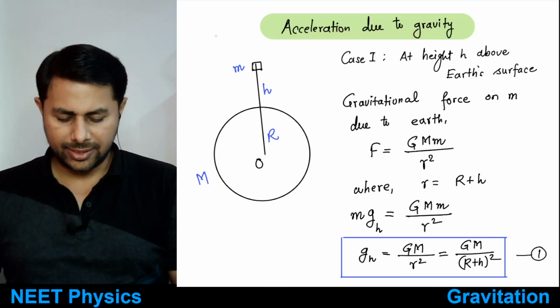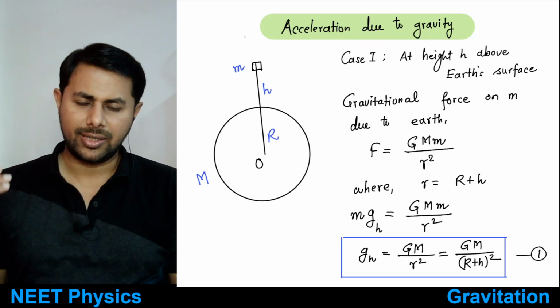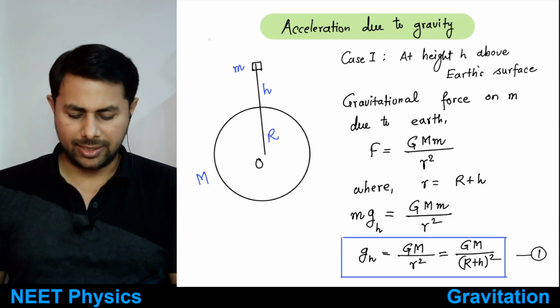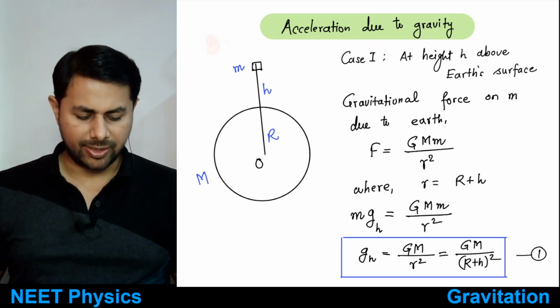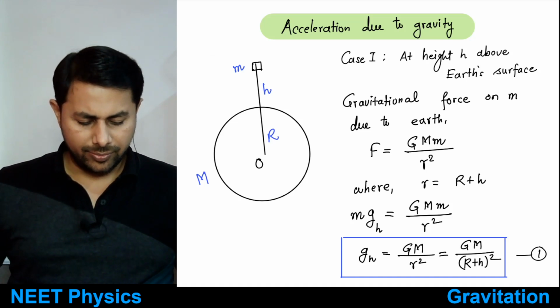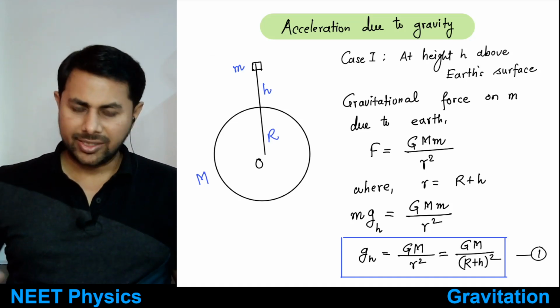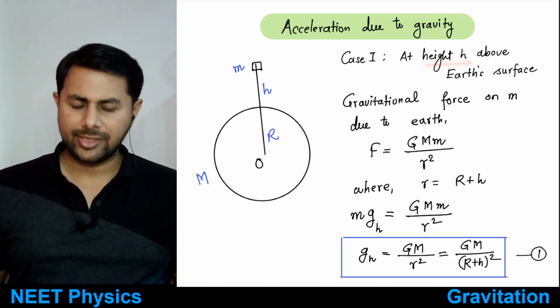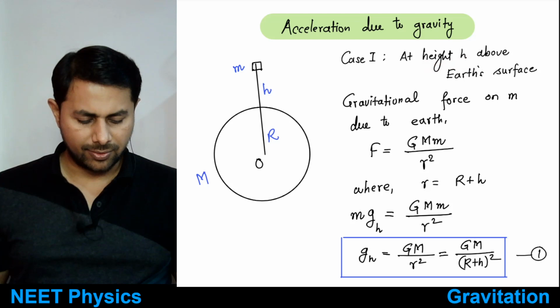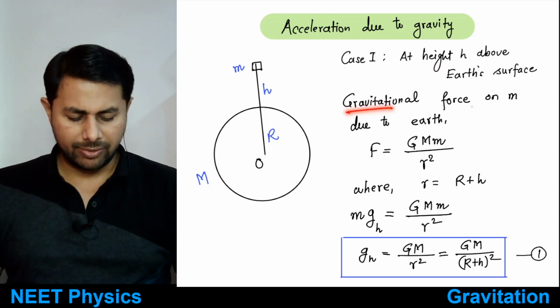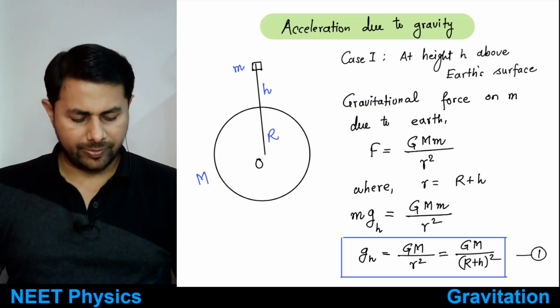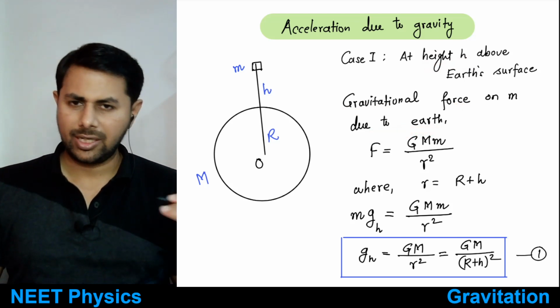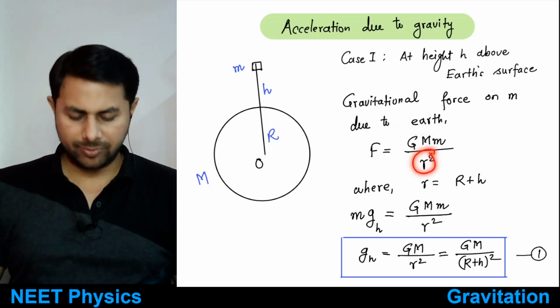So we know that acceleration due to gravity on Earth's surface is equal to what? 9.8 meters per second square, right? g is equal to 9.8 meters per second square. So we'll discuss various cases of acceleration due to gravity. So first one is at height h above the Earth's surface. So we know that gravitational force on a mass m due to the Earth is equal to GMm divided by r square.